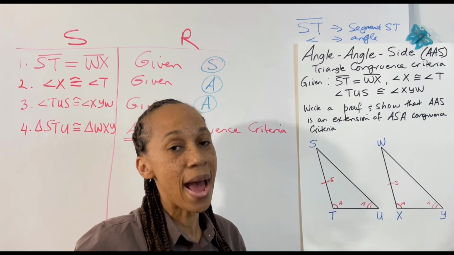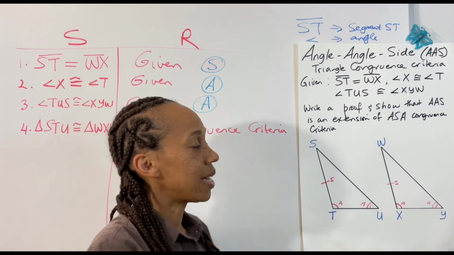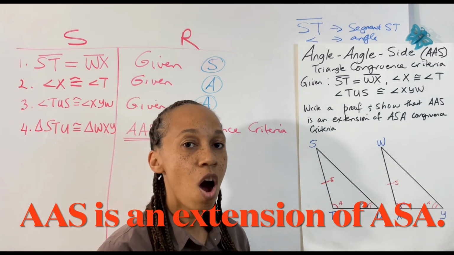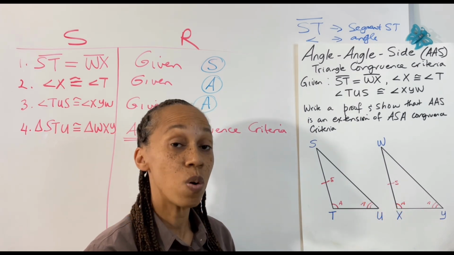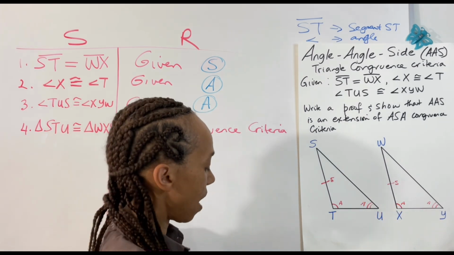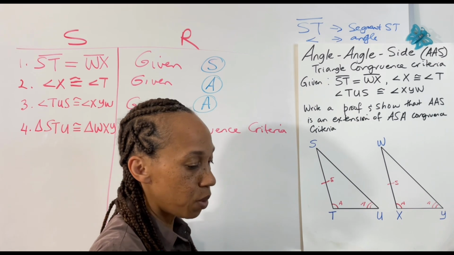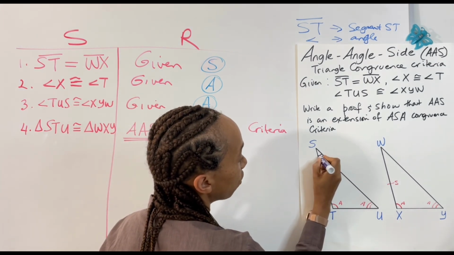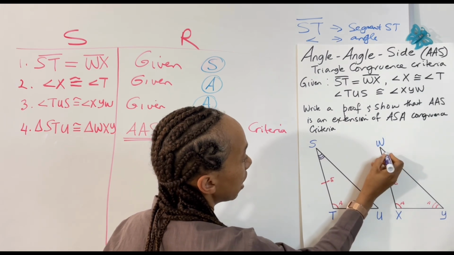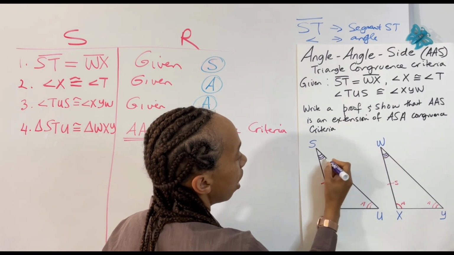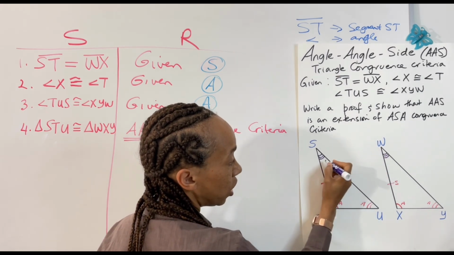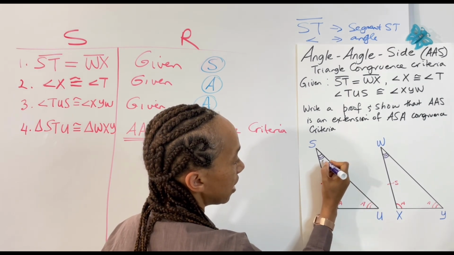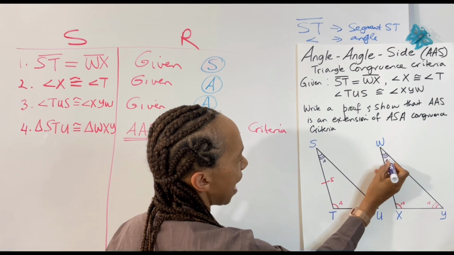And this is why we would normally say that AAS is an extension of the other congruence criteria, which is ASA. So in this example, we can also say that this would be the third angle here, and I'm putting 3 arcs to denote that these 2 angles are congruent, right? And this is an angle here, and this is an angle here.